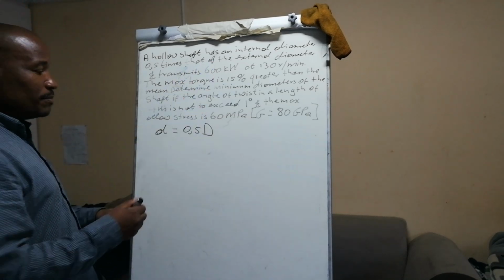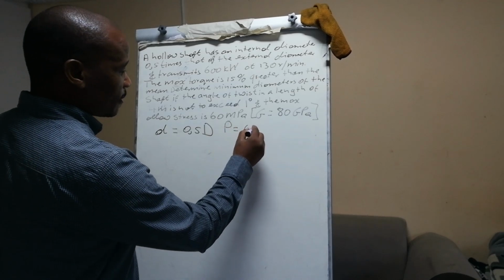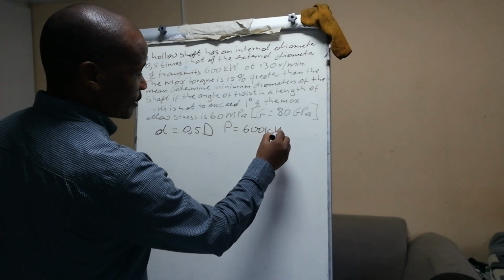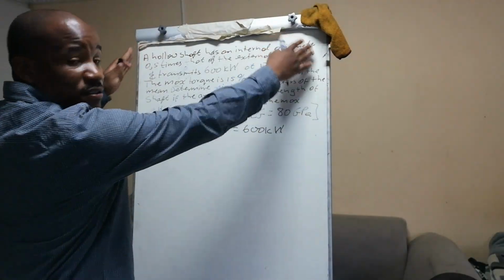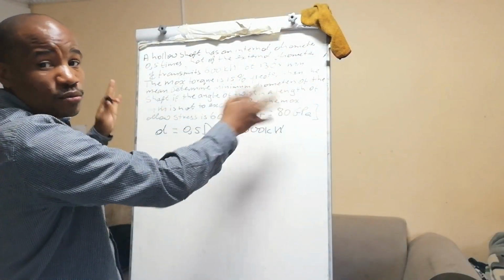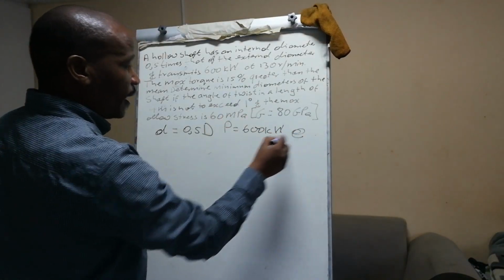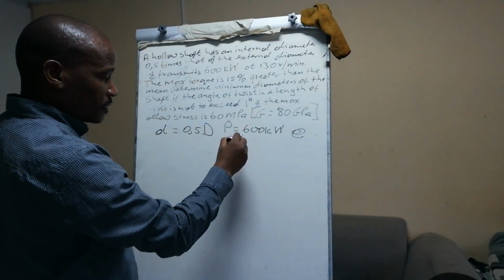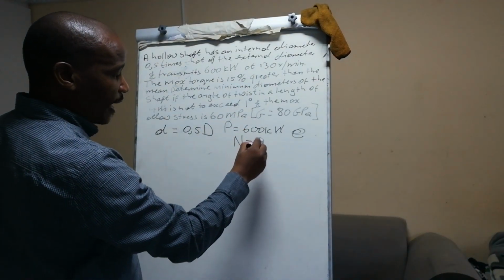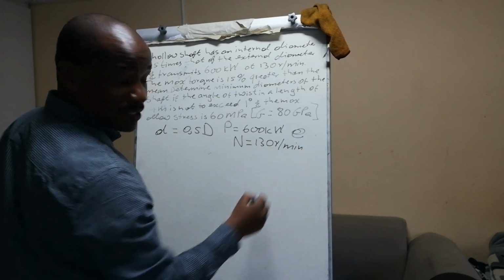And it transmits 600 kilowatts of power. I'm just writing this information down because I assume that maybe you can't see properly. At a speed of 130 revs per minute.